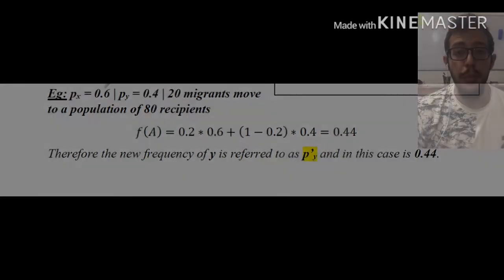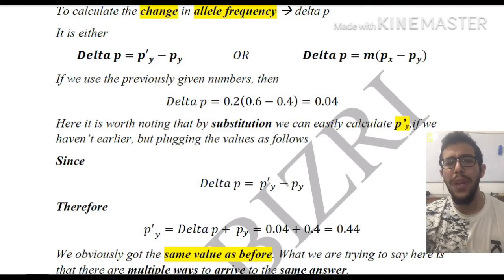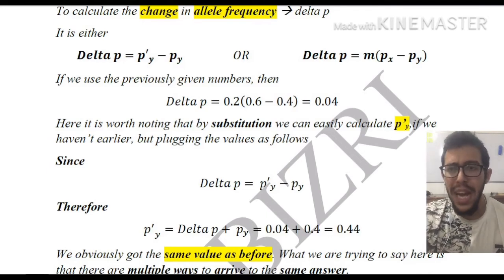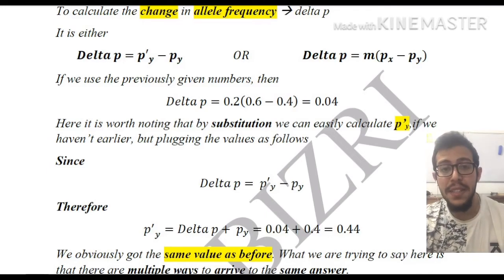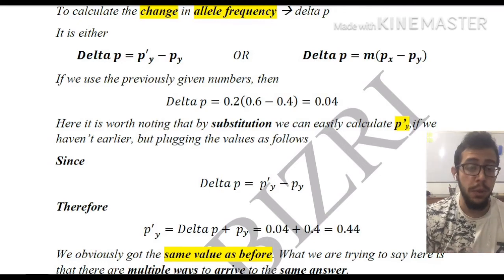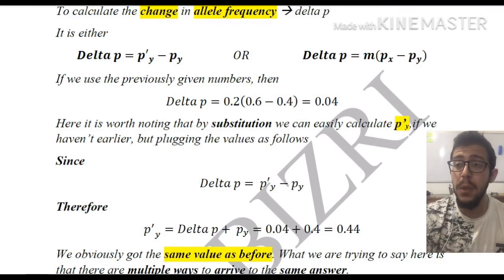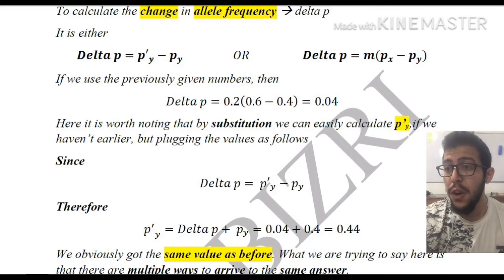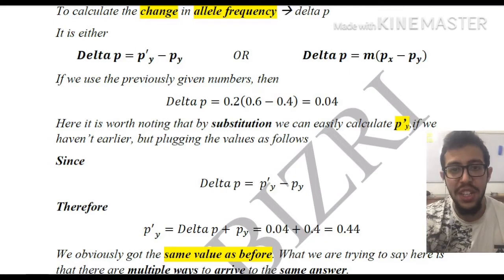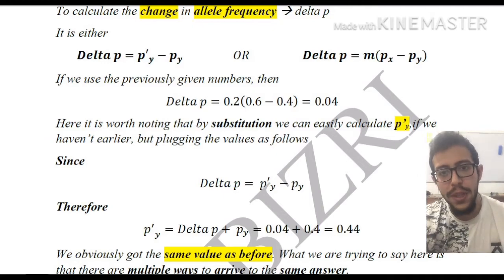Let's dive into more detail and see how we can calculate the change in allele frequency, which is going to be referred to as delta P. We either use the formula delta P is equal to P prime Y minus Py. We figured out P prime Y, which is 0.44, minus Py, which is 0.4. Therefore, we'll get the delta P, the change in the allele frequency, as 0.04.